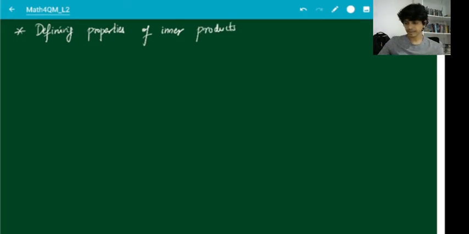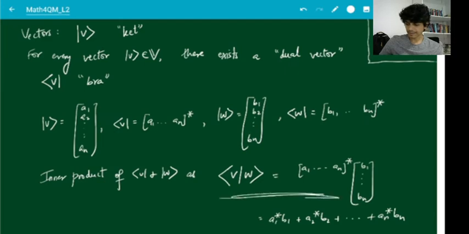Basically what I'm saying is that this way of writing the inner product is not unique. You can in general construct any kind of inner product you want. Given any two vectors, you can make your own prescription of how to take an inner product between them, provided that inner product satisfies certain properties. So we are writing down those properties now.